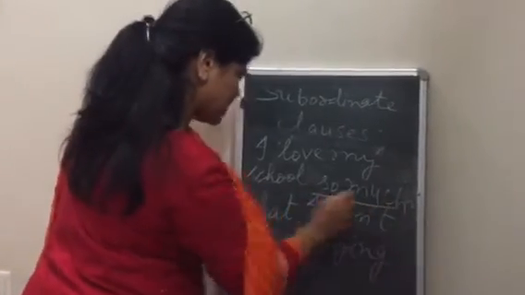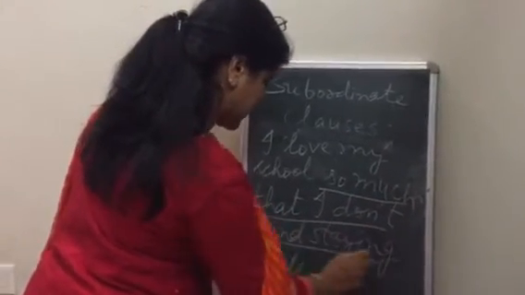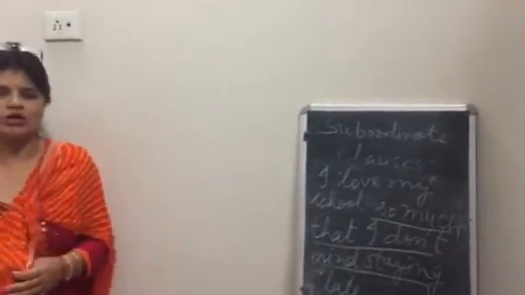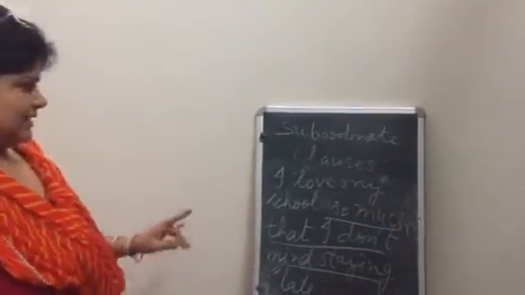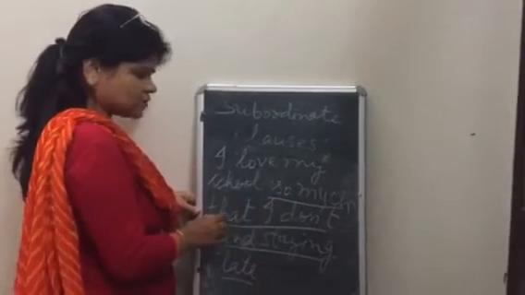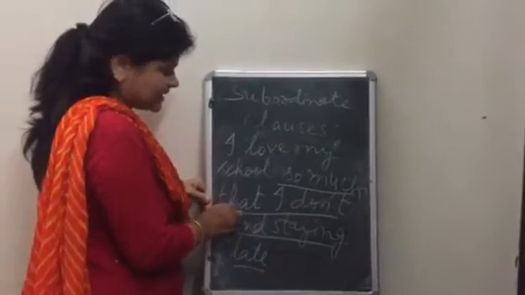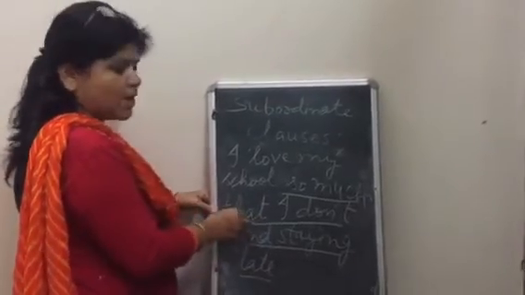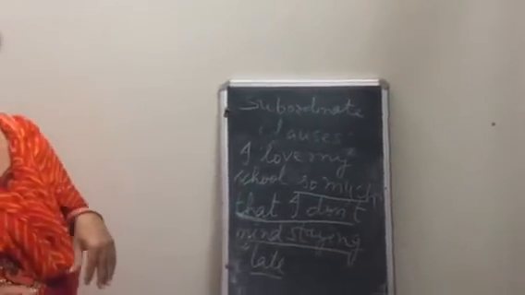Now, so much that I don't mind staying late. This is the adverbial clause of result. See, here so that is not coming together. This one word that will make you clear about this adverbial clause.